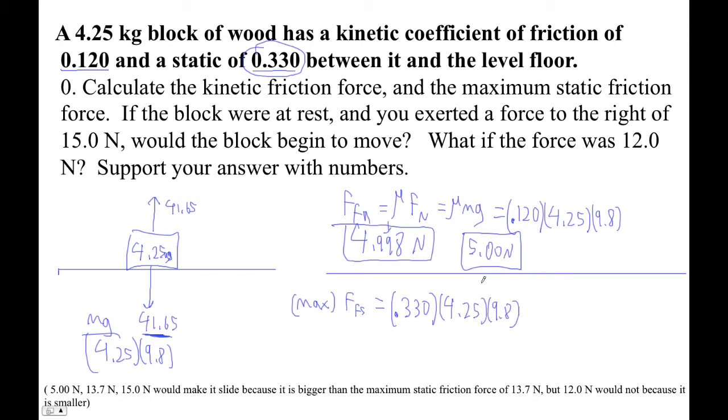So 0.33 times 4.25 times 9.8. I'm getting 13.7445, so that's roughly 13.7 newtons. We got 5 newtons, 13.7 newtons.